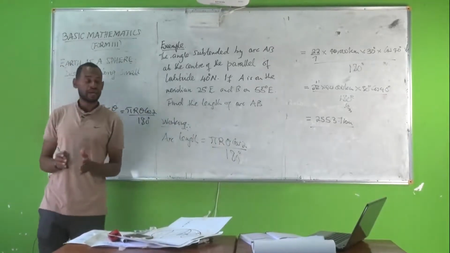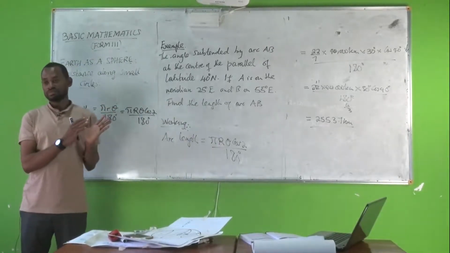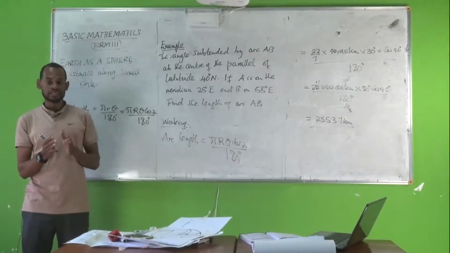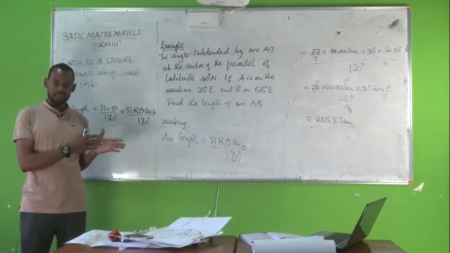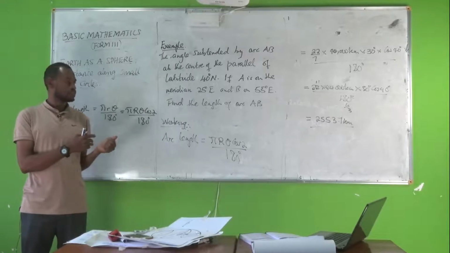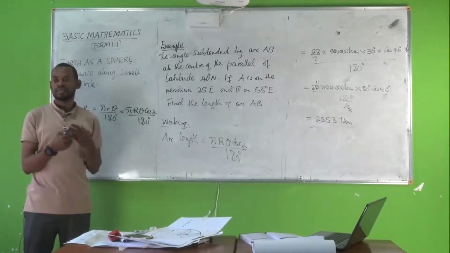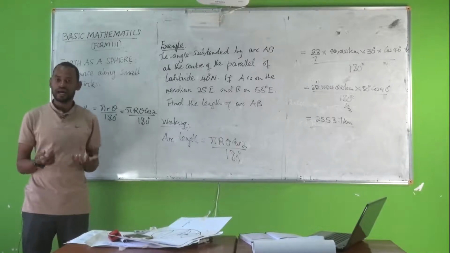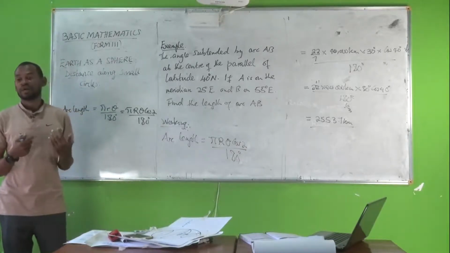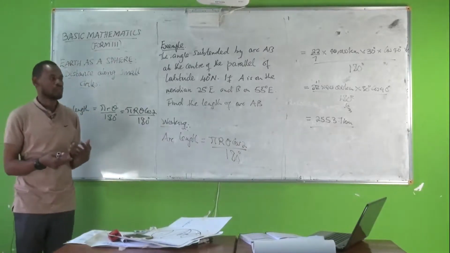So the concept behind here, there's no big difference between the great circle and small circle. The issue is the radius. For a great circle, its radius is the same as the radius of the Earth, and the radius of the Earth is constant because it is already calculated, it is known.